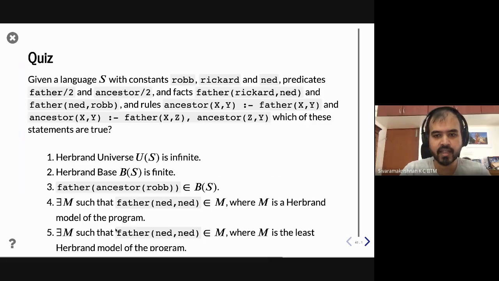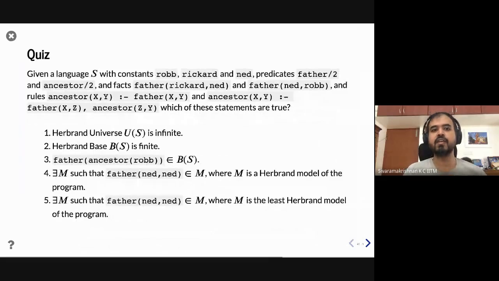We've seen a lot of definitions, so let's try to refresh our understanding of them. Let's take a language with constants Rob, Rickard, and Ned. We'll consider two predicates: father, with arity 2, and ancestor, with arity 2.